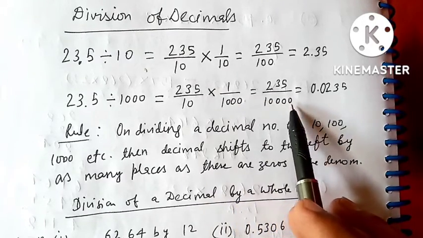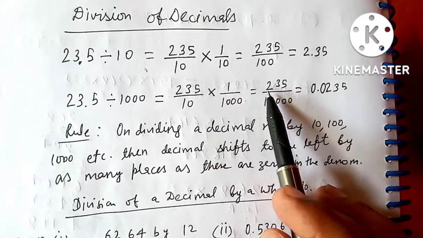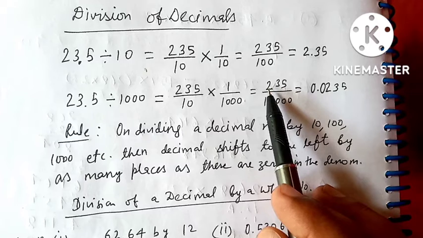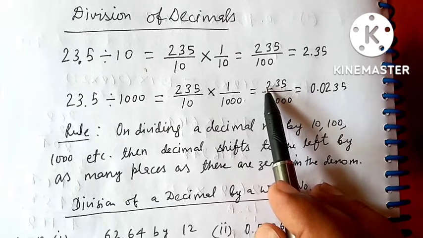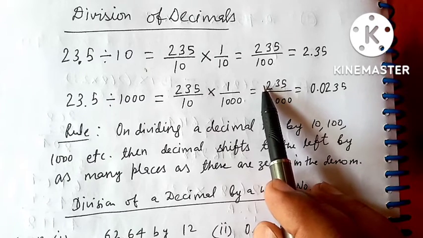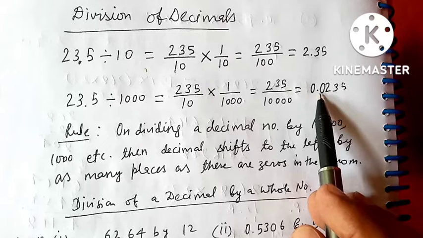Now as there are 4 zeros, there must be 4 decimal places, and for that you must add one more place by putting 0 before 2.